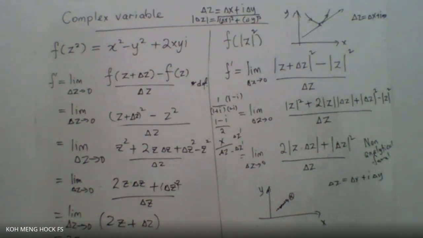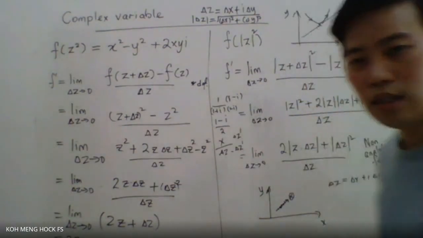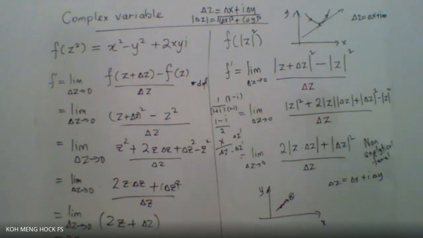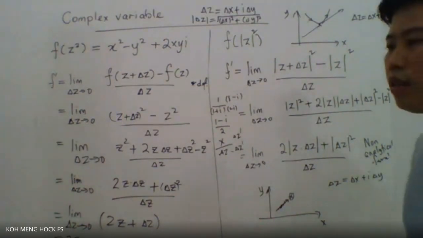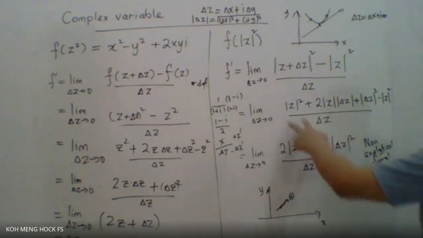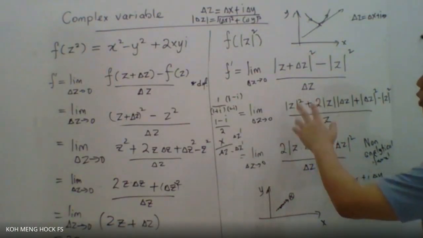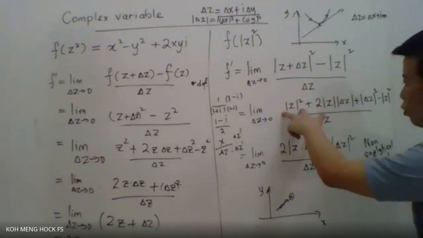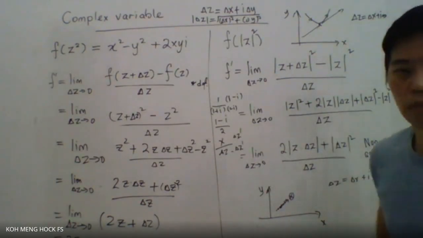Very good question. I think this is a very important thing to remember. In any equations, you have to be very careful when you talk about absolute, because absolute z and z are not the same anymore.